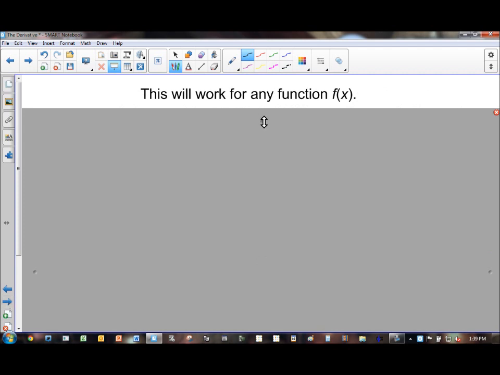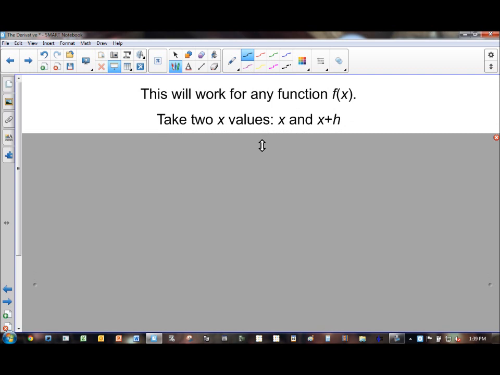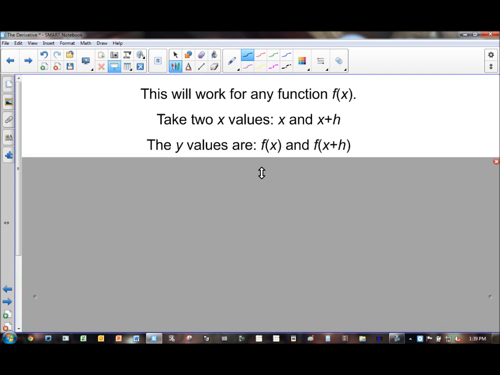All right, and this can work for any function f of x. So let's just talk about two x values, x, and then something that's a little bit bigger than x by this factor of h, which is just a little number. We're going to see what happens when it gets smaller and smaller. So the y value associated with x is f of x, and the y value associated with x plus h is f of x plus h.